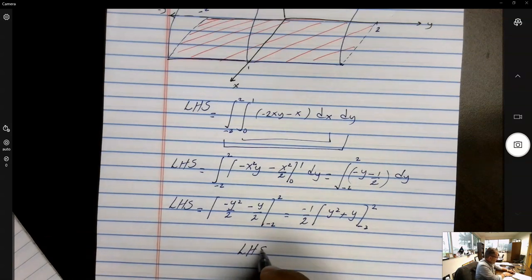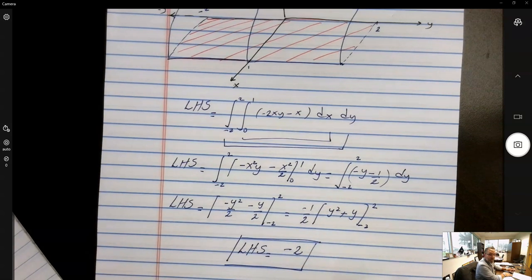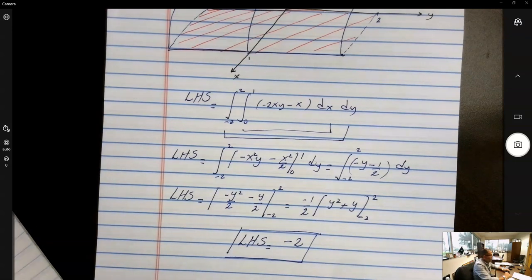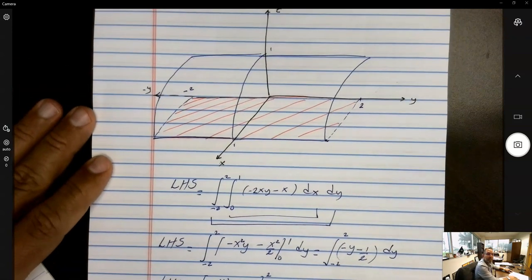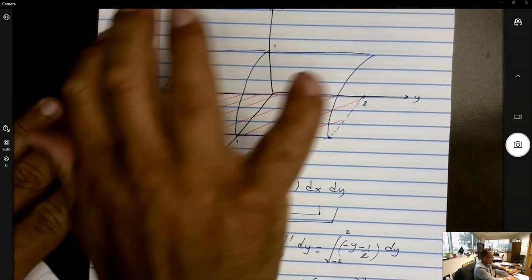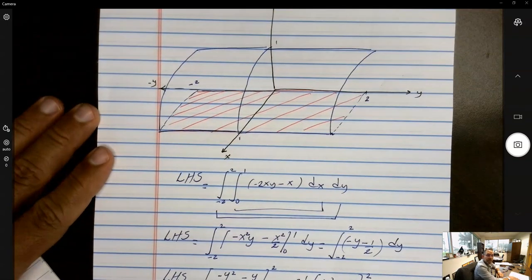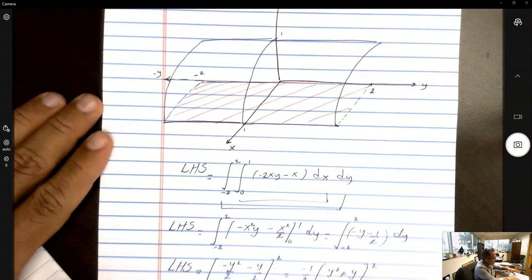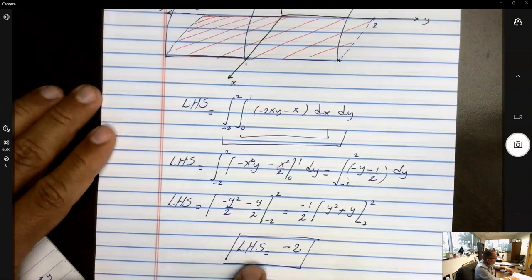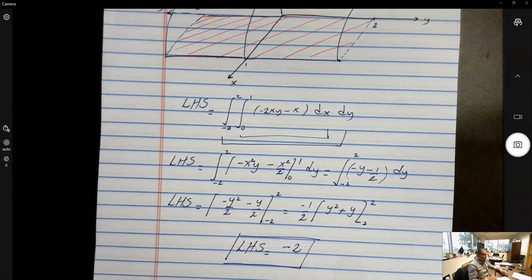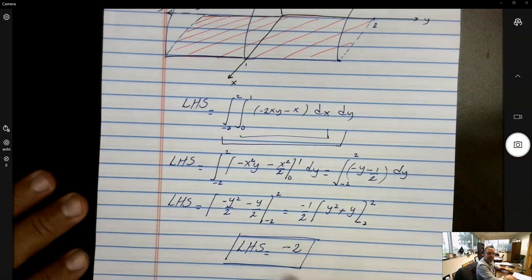The left hand side just equals -2. So this is the contribution onto the rotation of the surface by this velocity field that traverses the surface. The velocity field is making the surface rotate at a rate of -2, whatever those units are.